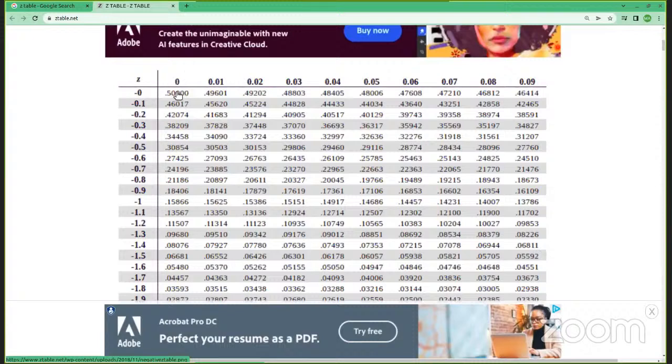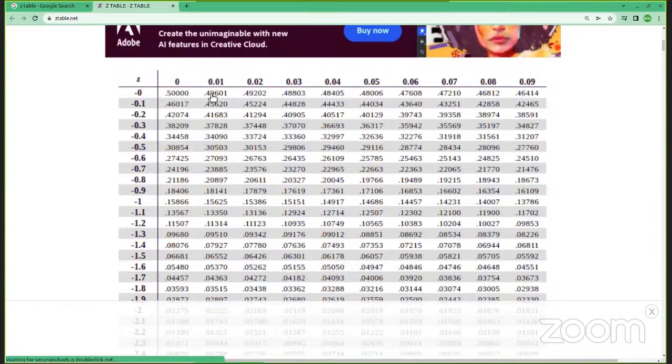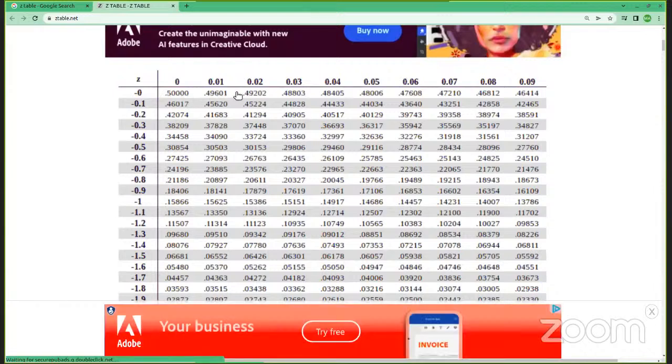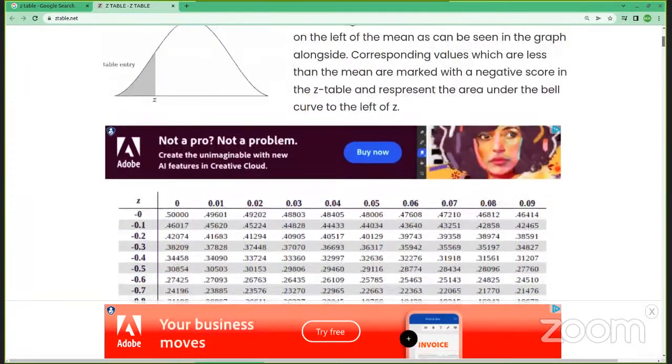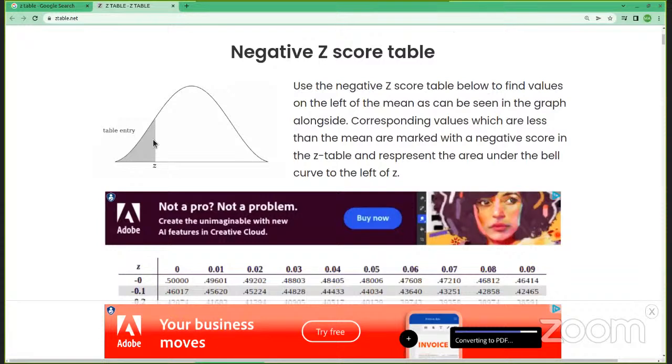This is 0.5, so 0.5 is the probability that Z is less than or equal to 0. And this is the probability that Z is less than minus 0.01, so the probability will decrease. So this is the negative Z score table.